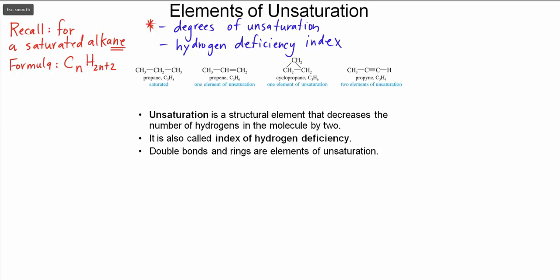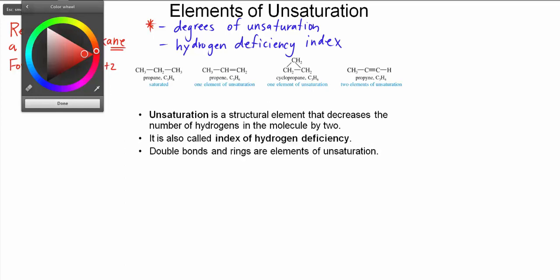For however many carbons we had, 2n plus 2 hydrogens.